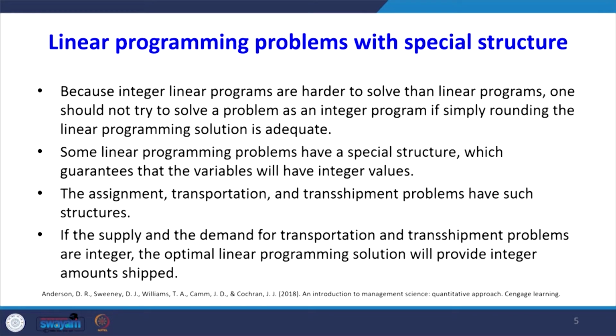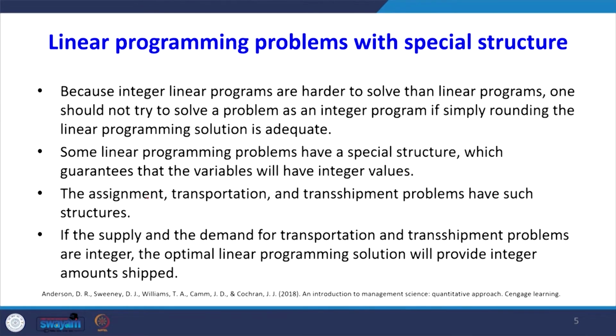Linear programming problems with a special structure. Because integer linear programs are harder to solve than linear programs, one should not try to solve a problem as an integer program if simply rounding the linear programming solution is adequate. Some linear programming problems have a special structure which guarantees that variables will have integer values.